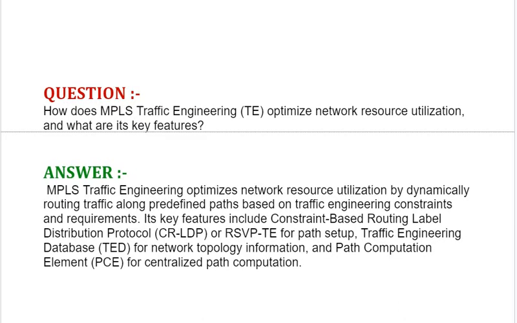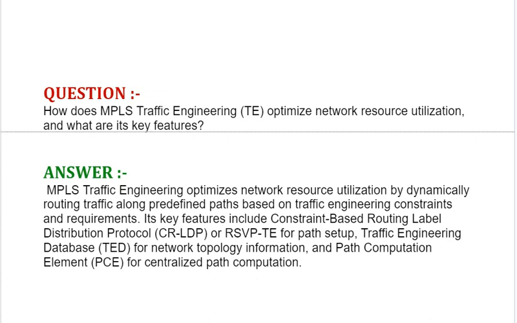Our next interview question is: how does MPLS traffic engineering (TE) optimize network resource utilization, and what are its key features? Your answer should be: MPLS traffic engineering optimizes network resource utilization by dynamically routing traffic along predefined paths based on traffic engineering constraints and requirements.